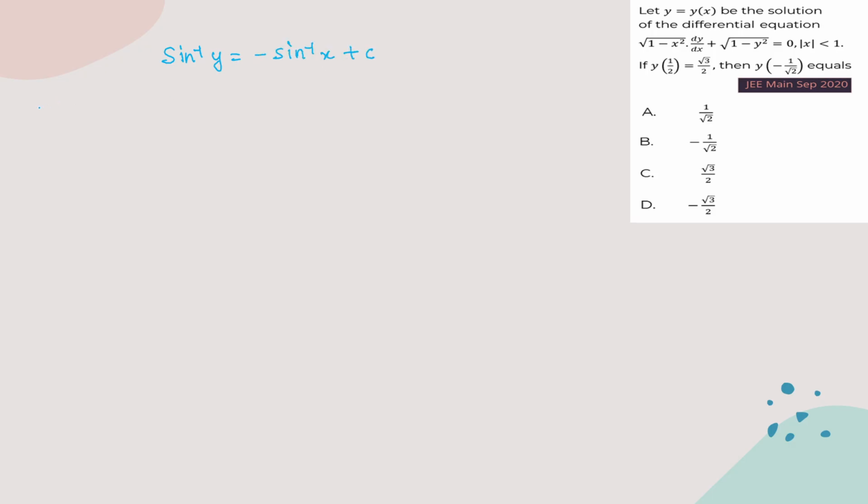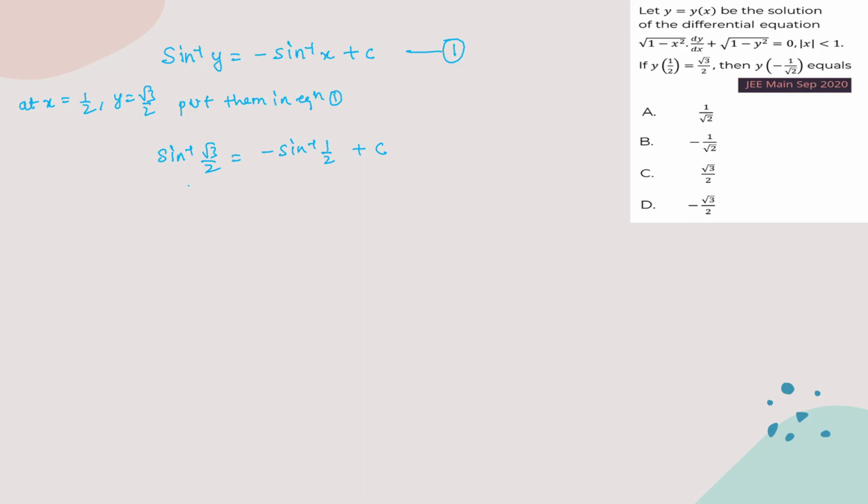Now the conditions are given, right? At x is equal to 1 by 2, y is given as root 3 by 2. So let's say this is equation 1. Now put them in equation 1. So you will be getting sine inverse of root 3 by 2 is equal to minus sine inverse of 1 by 2 plus c.